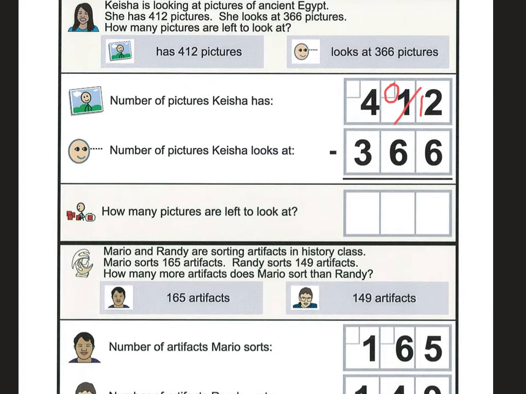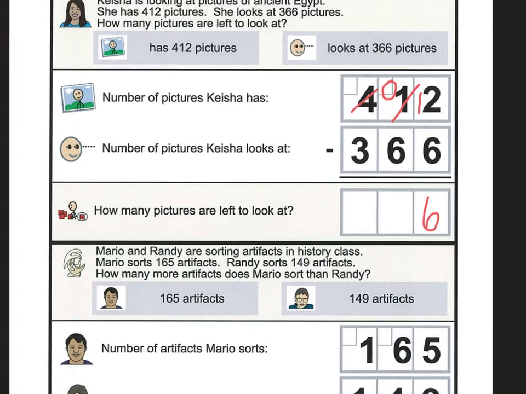12 take away 6 is 6. You can't do 0 take away 6, so you have to borrow. Borrow from the 4, make it a 3.